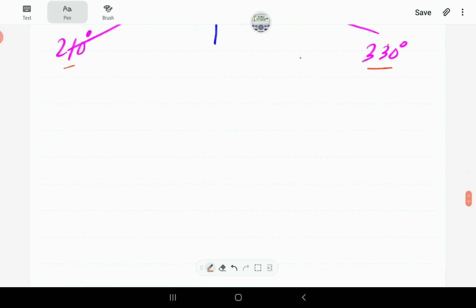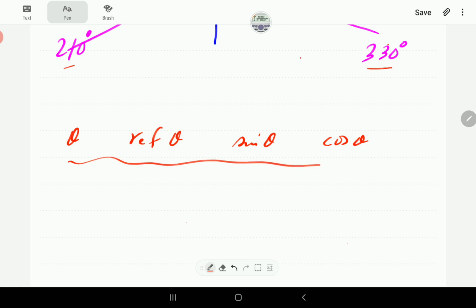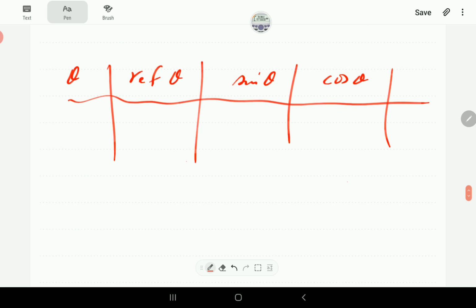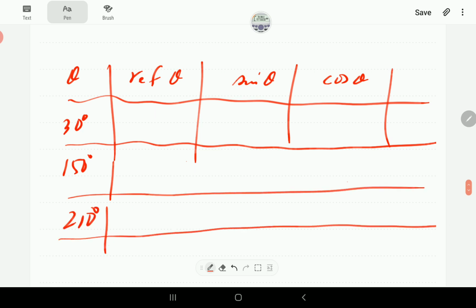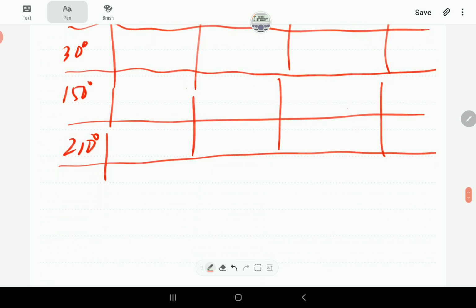Okay, so let's do a table again. This time our table is going to have theta, ref theta, sine theta, and cos theta. In the first column we're going to have theta, which is 30, then 150, then 210, then the last one is 330.